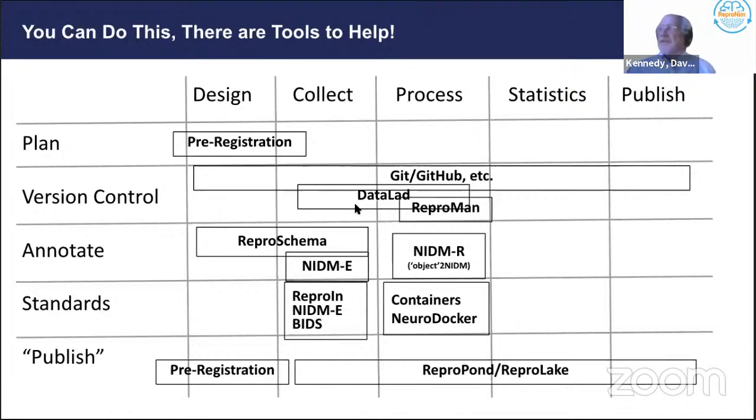DataLad was originally called DataGit, and is really Git version control for data. It takes all the concepts of Git, and happens to use Git Annex so that data can be managed in terms of versioning much more efficiently. Versioned data and computational environments through the ReproNim computational manager, ReproMan, can help manage the version control of the processing.